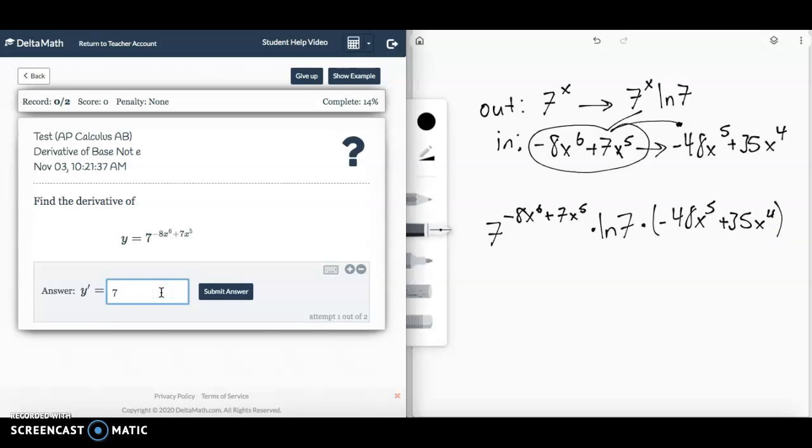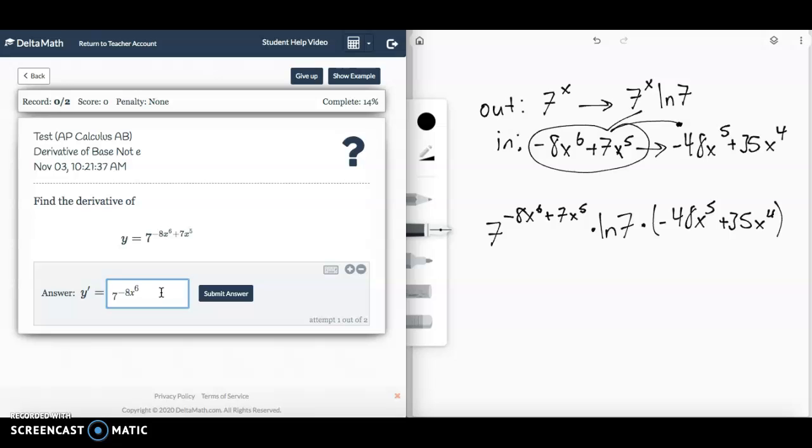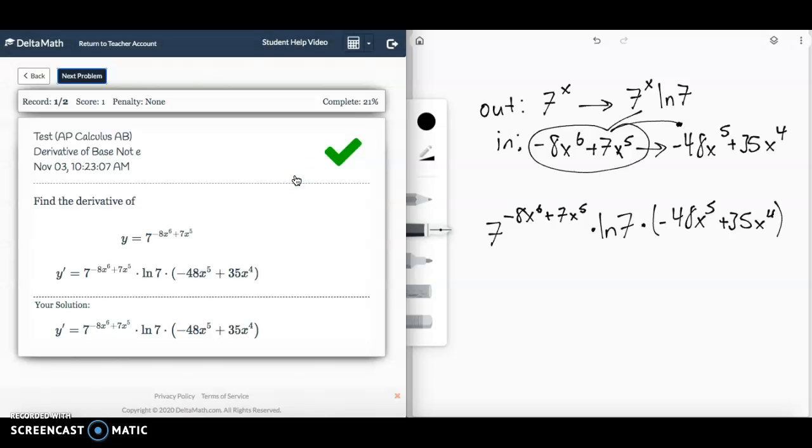So 7 to the... I'm going to put a times there just in case. Woohoo! All right, so that's how those problems go. You just have to remember that the derivative of e to the x is e to the x, but the derivative of anything else to the x power is that same thing times natural log of the base.